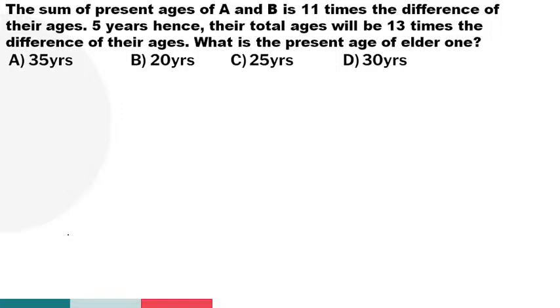The sum of present ages of A and B is 11 times the difference of their ages. 5 years hence, their total ages will be 13 times the difference of their ages.